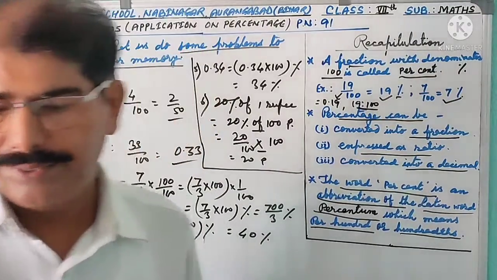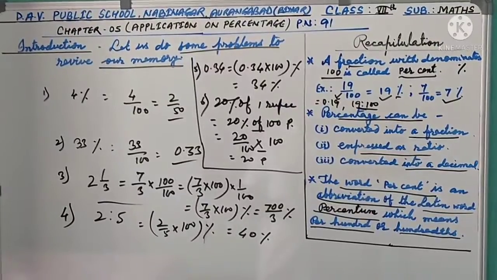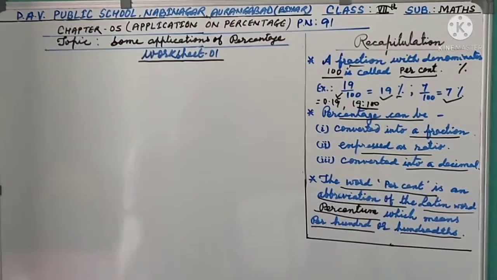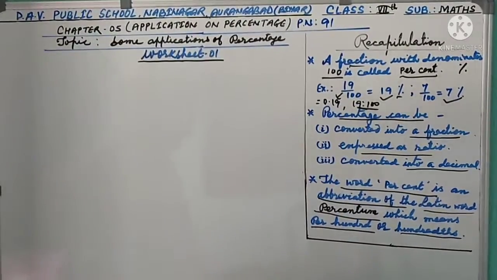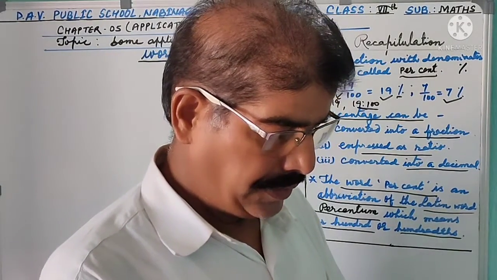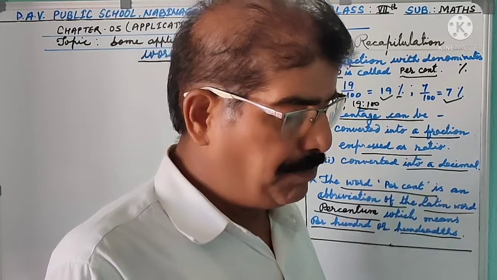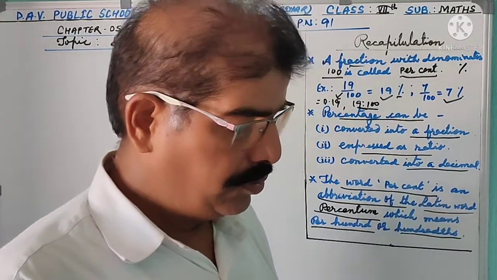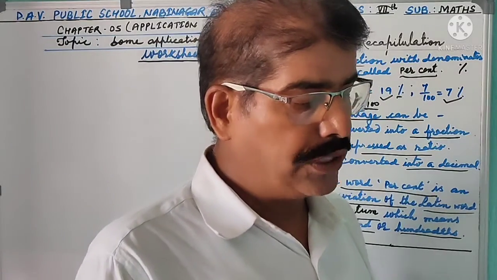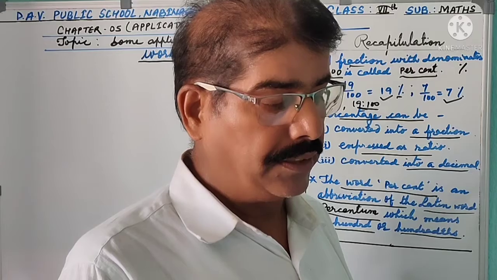Next topic. You are given some more examples related to percentage. Example 1: Radhika spends rupees 350 every month.